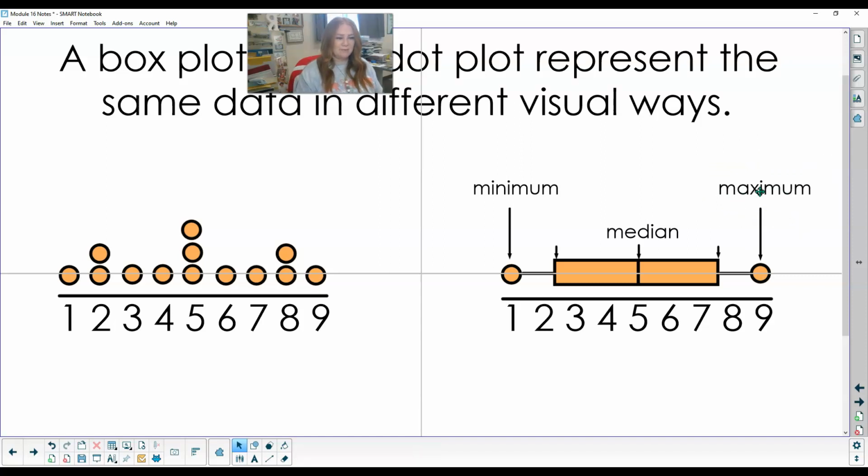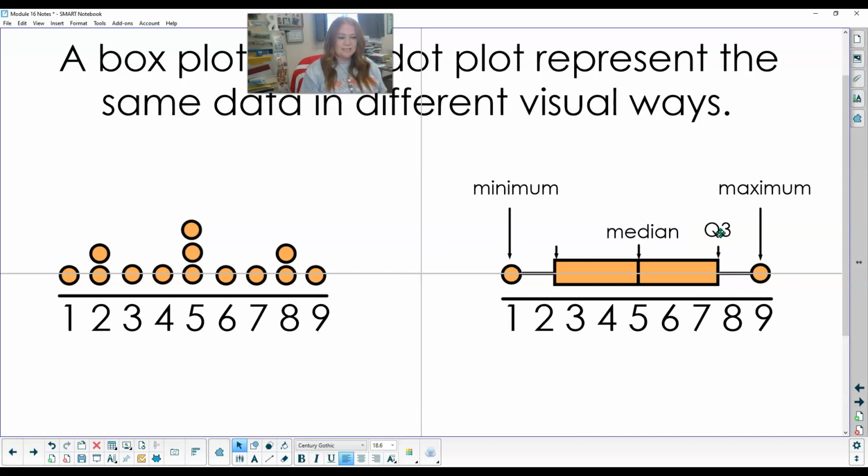Okay, and then right here, we are going to have Q3. This is the middle of the upper part. We took that section and split it in half. So we had all these numbers 1 through 5 over here and 5 through 9 this way. They found the middle of 5 through 9, and it was 7.